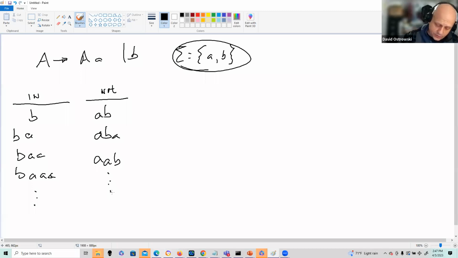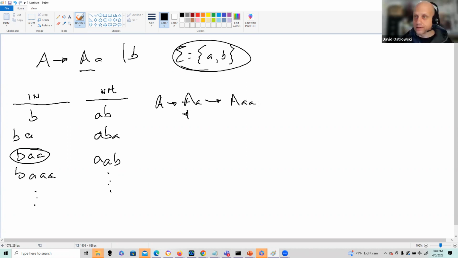To get some of the word examples, let's do BAA. How would I go through my derivations here? A would go to AA through this rule. And this non-terminal A could once again be replaced with AAA.